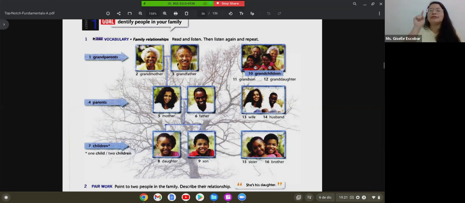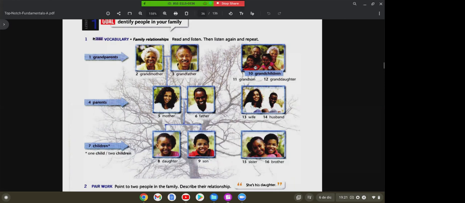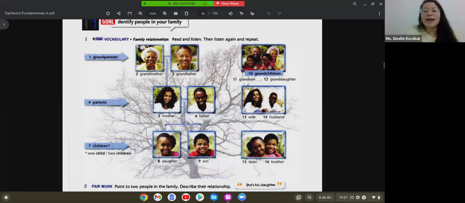Point to two people. So what is the meaning of that? Point. Do we know the meaning of that? Señale. Exactly. Señala a dos personas en la familia and describe their relationship.